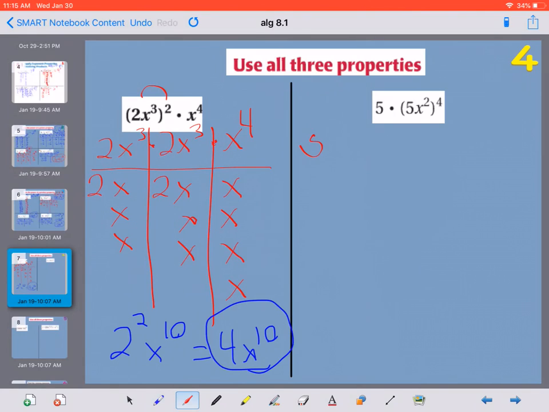Here we have a 5 outside, and we have 4 5x squareds. So 5x squared times 5x squared times 5x squared and 5x squared.